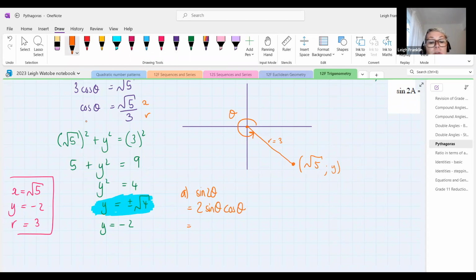Let me rather refer this to somebody who's feeling brave and wants to tell me what they wrote here. Sharon, go for it. Ma'am, I had said 2 multiplied by -2/3. Cool, keep going. Multiplied by √5/3.